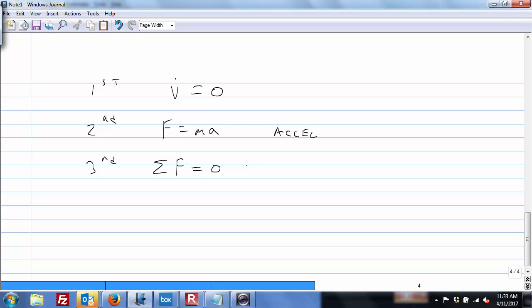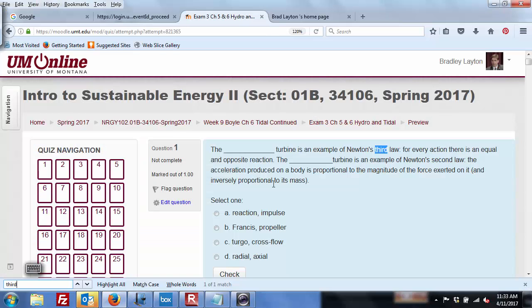In the case of the third law, you would sort of have a constant. I think the answer is reaction and impulse. Okay. I think it's just reaction and impulse. I mean, as the name sort of implies.